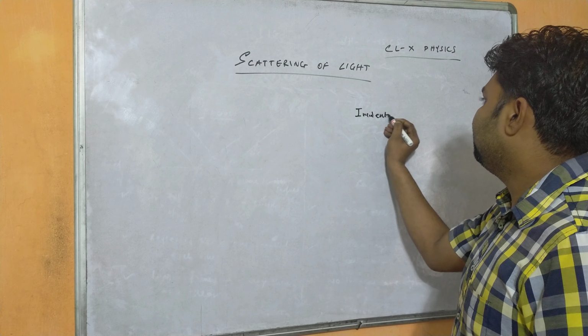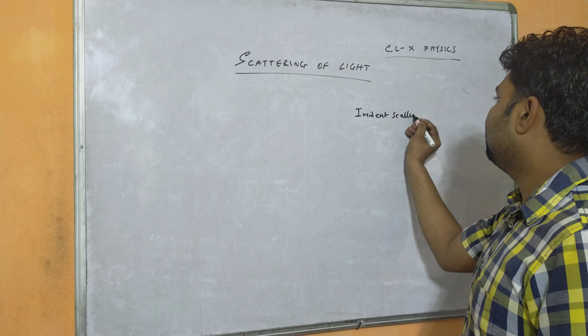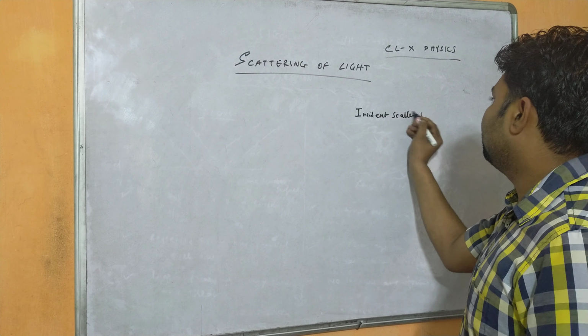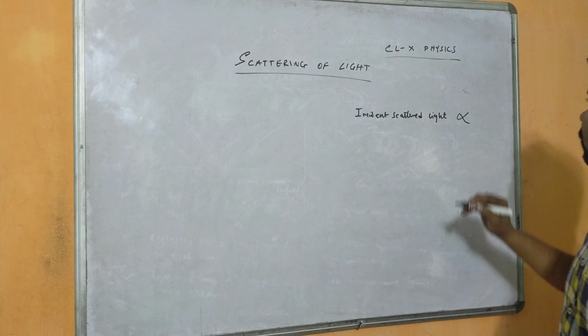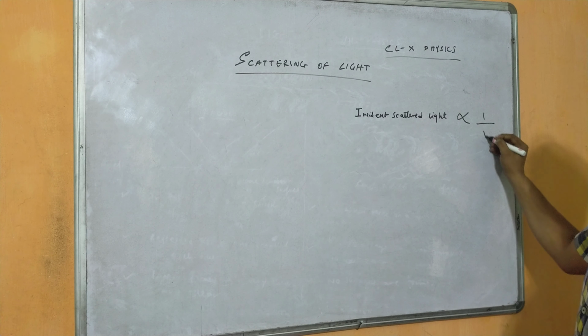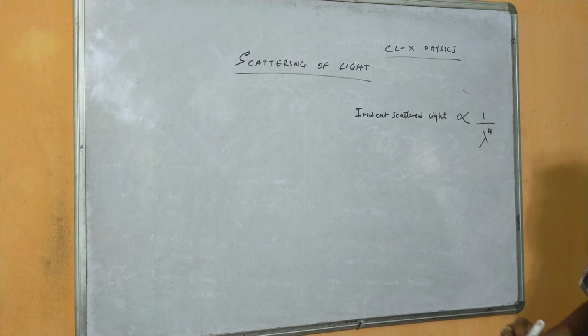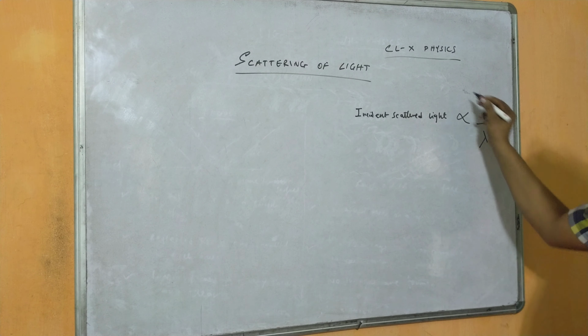This is the incident scattered light, which is inversely proportional to the fourth power of wavelength. This says that the light which has the longest wavelength will be scattered least, and the light which has less wavelength will be scattered most.